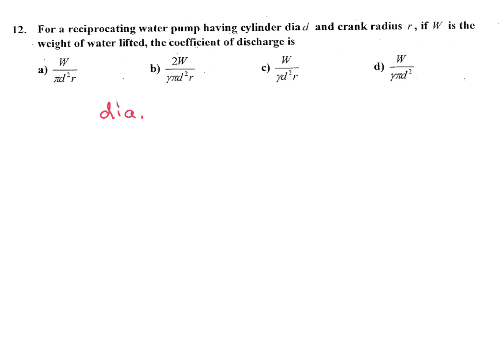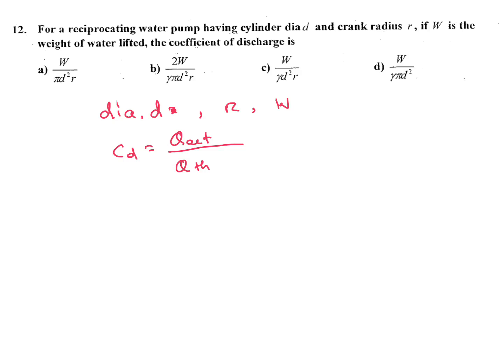Cylinder dia or bore dia is D and crank radius is R. W is the weight of the water lifted. CD, coefficient of discharge, is Q actual discharge by theoretical or ideal discharge, QT.